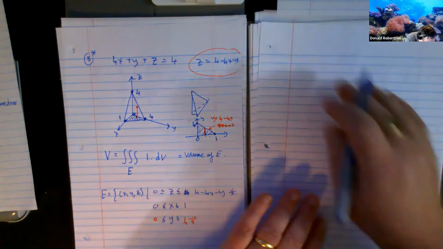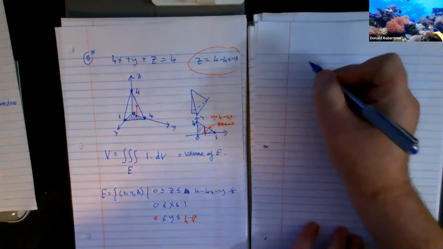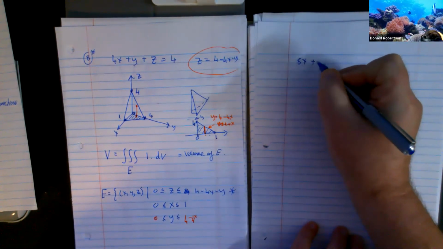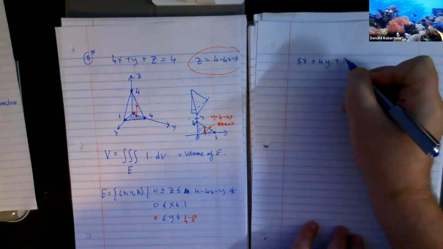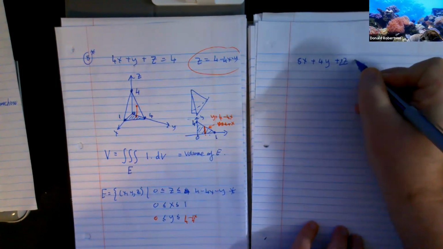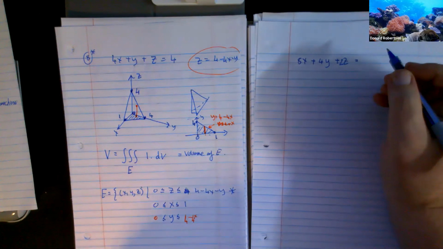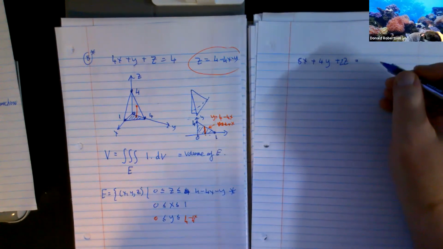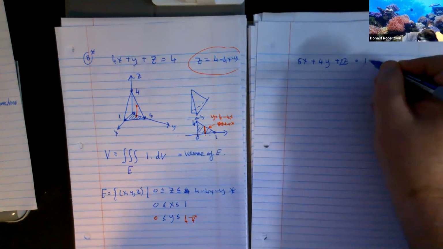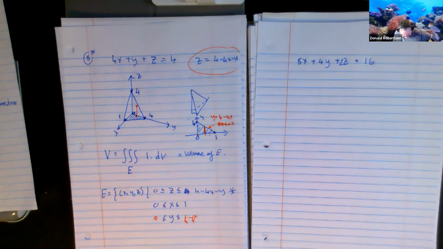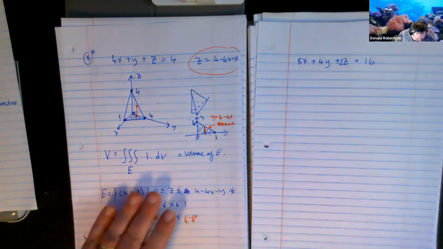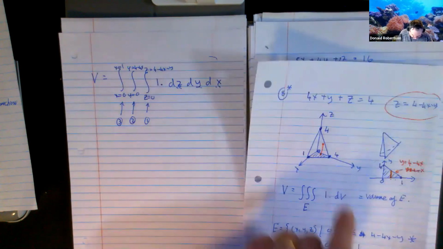So let's have the same idea, but it's going to be 8x plus 4y plus 2z, and it's going to equal 16. And it's bounded by the coordinate axes. So basically, it's another one of those pictures.